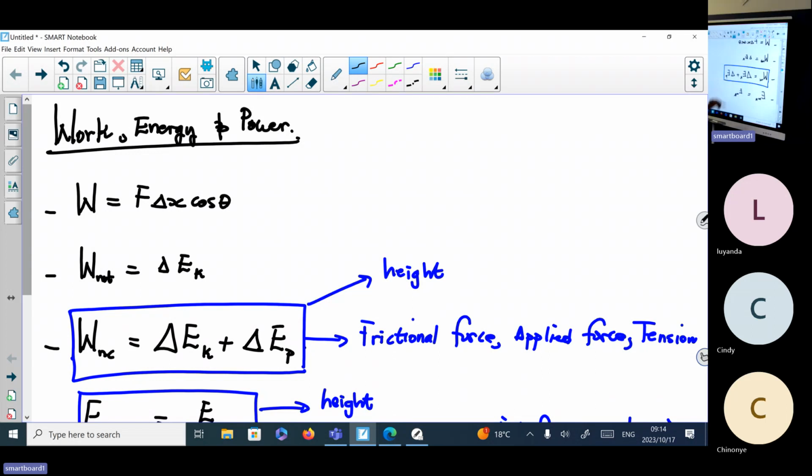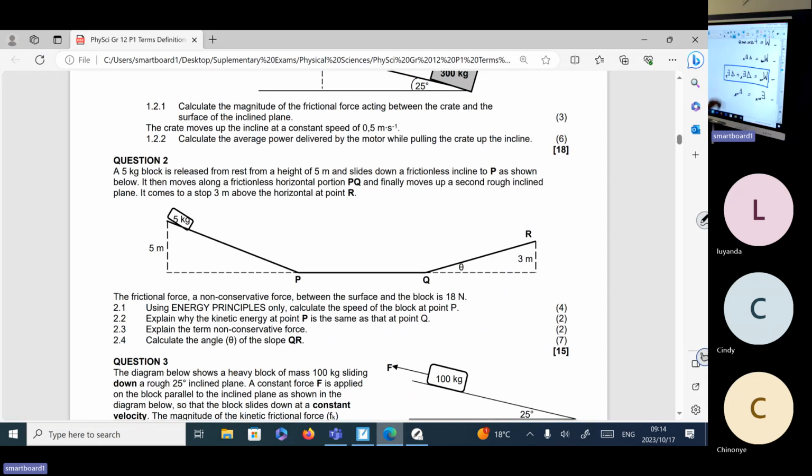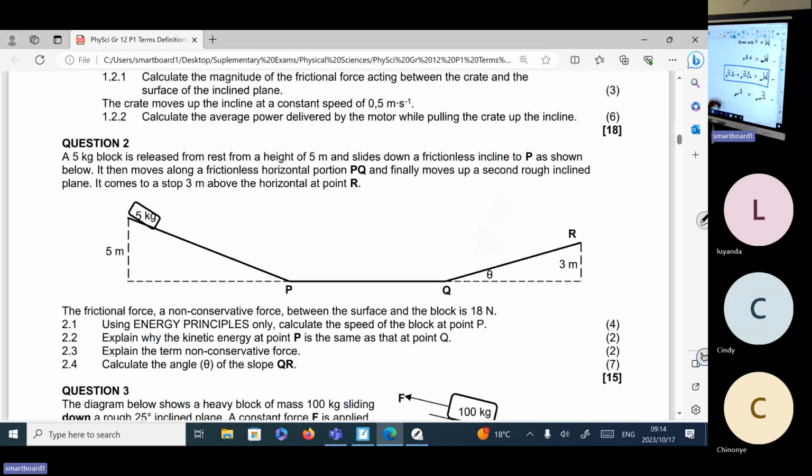Therefore, you're also going to need to know something about Newton's laws of motion, which govern the manner in which we handle the forces. And with that, unless there are any questions, we are going to be looking at this question too. And we're going to be looking at these pointers that we mentioned earlier on.